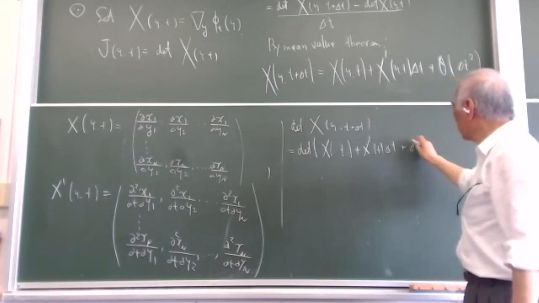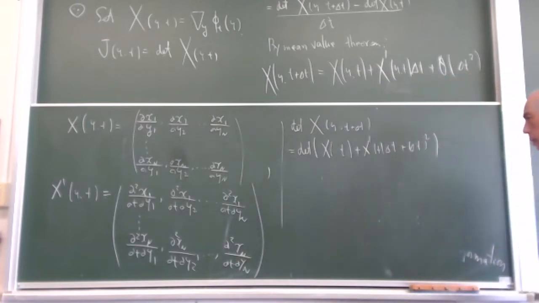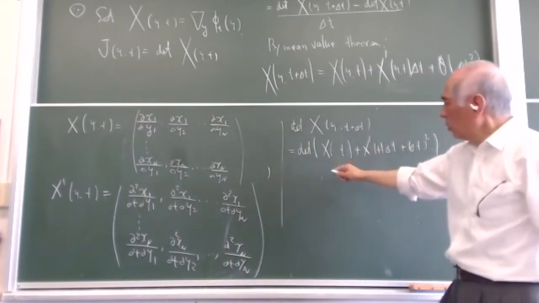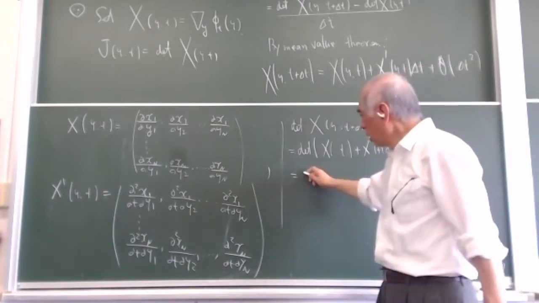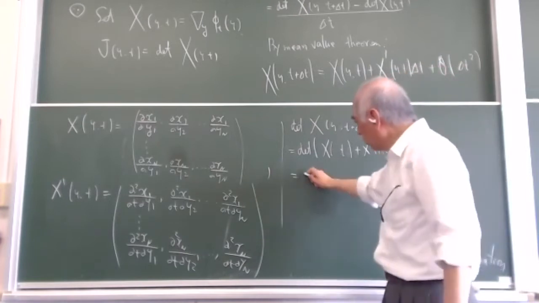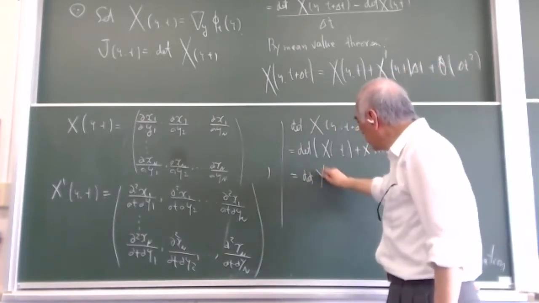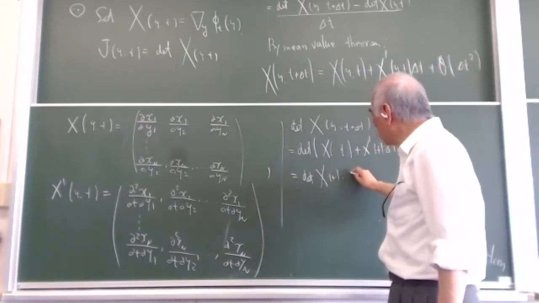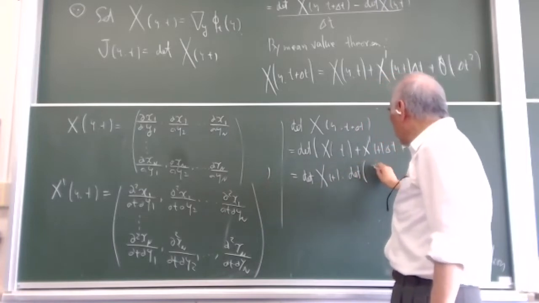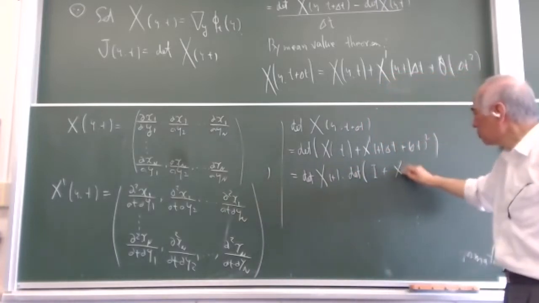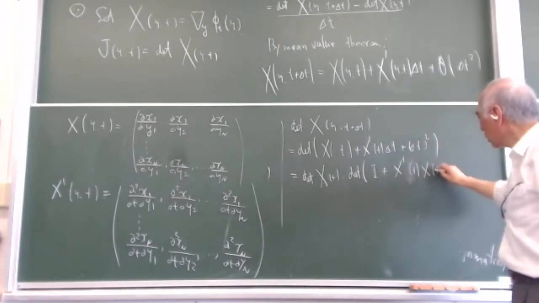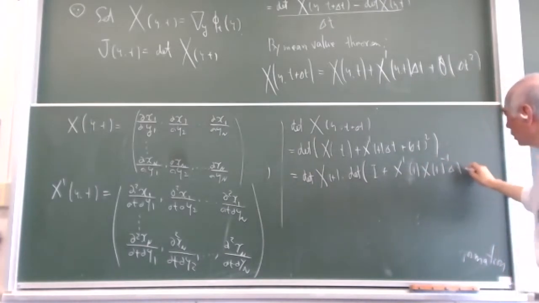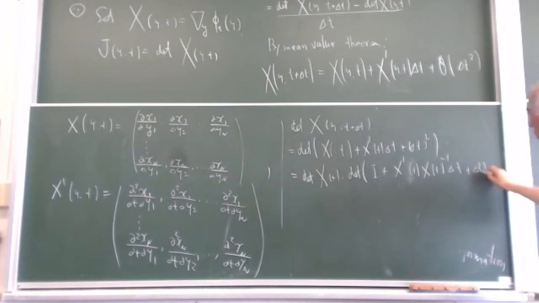Then we multiply x inverse from the right, and since the determinant is commutative, we can write identity plus t times this plus t squared.